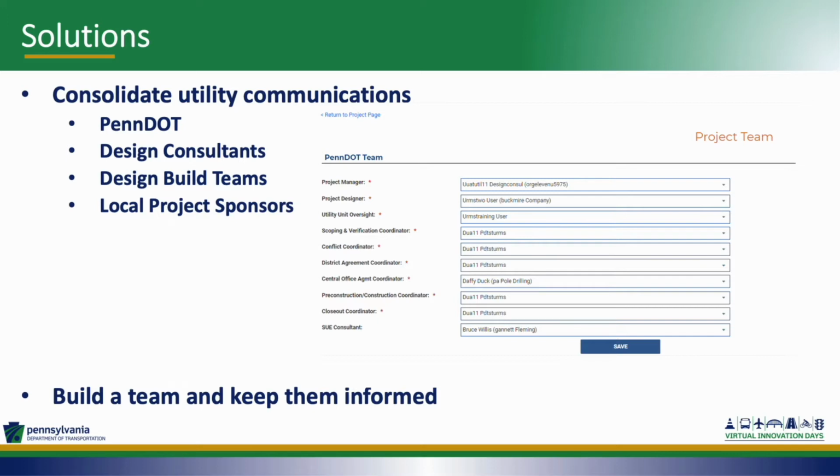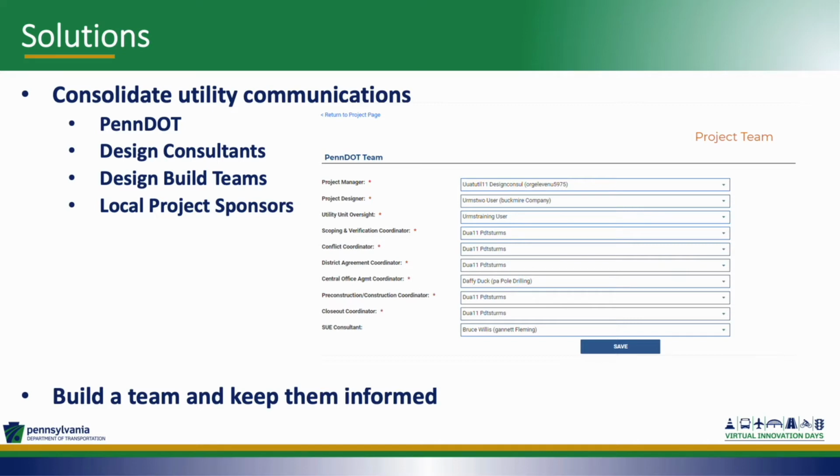Within the application, you're able to build a project team, not only a design project team for the highway project or the bridge project, but the utility has the same ability to do so. They can add a design contact, an administrative contact, or a construction team member in addition to that.